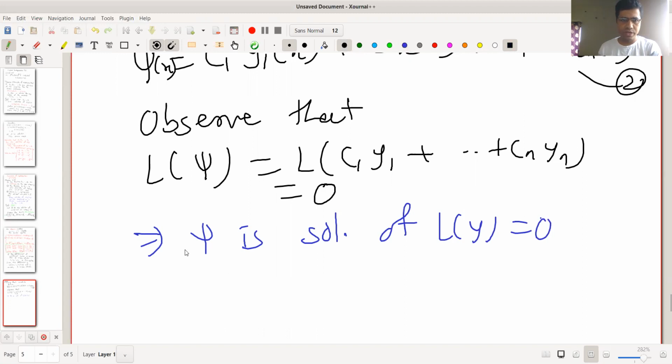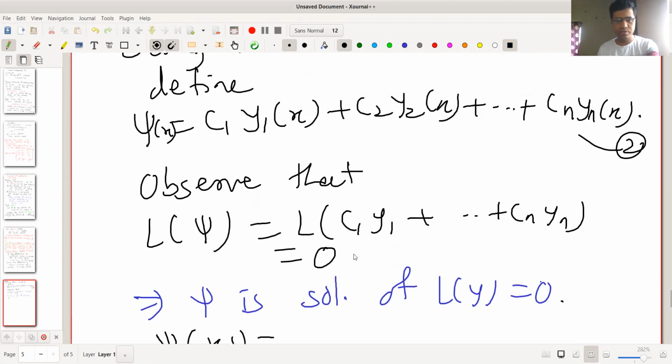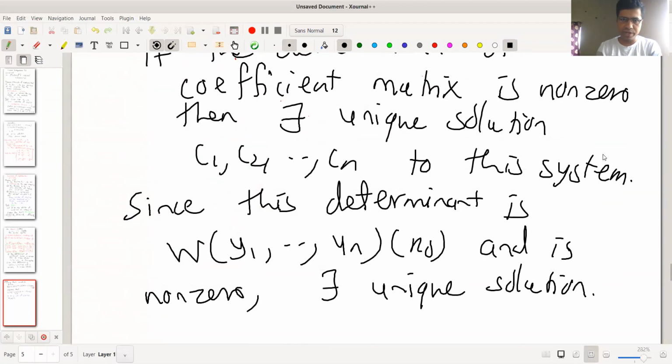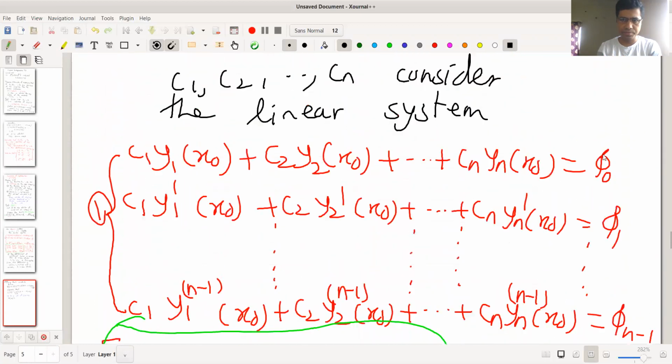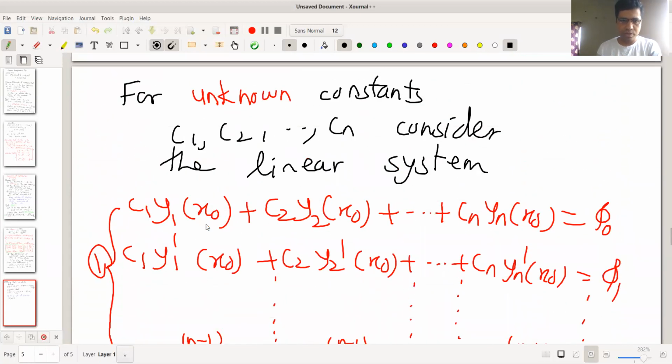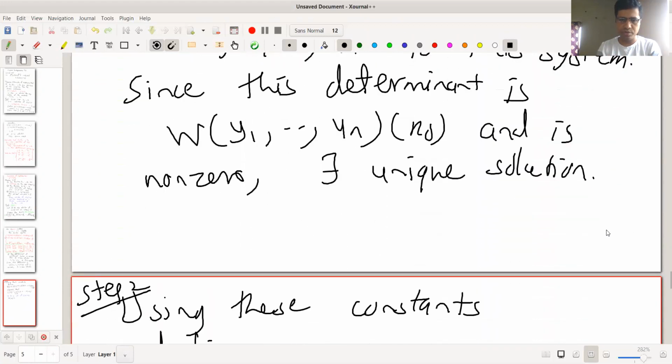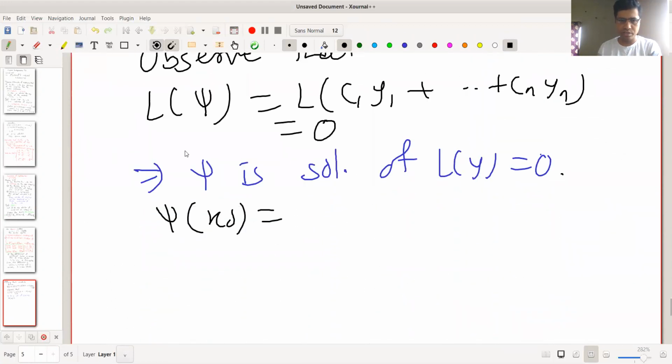Next thing, what is psi of x naught? Psi of x naught is c1 into y1 of x naught plus c2 into y2 of x naught plus, and so on, cn into yn of x naught. But this expression is nothing but phi naught, from the first equation in system 1. So psi of x naught is phi naught.